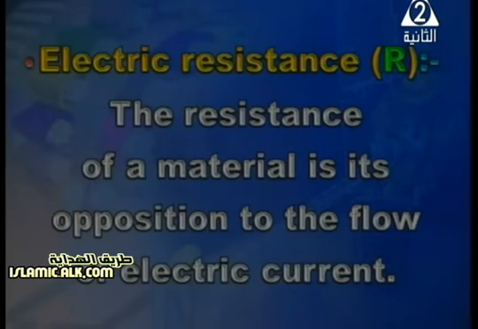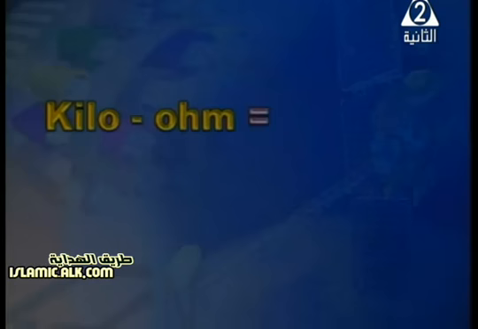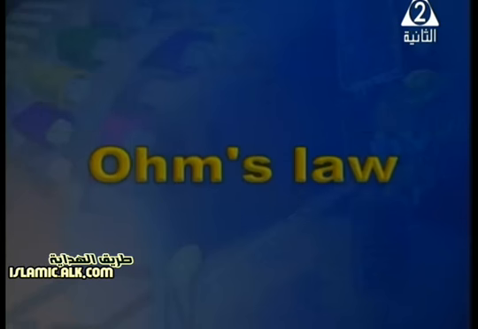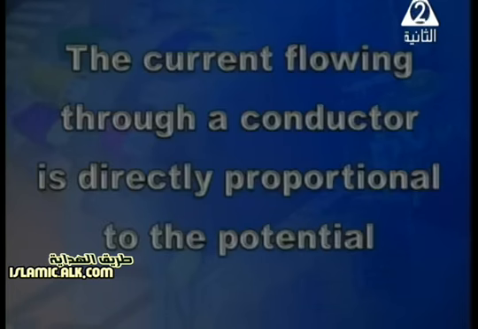And now, what about the statement of Ohm's law? It states that the current flowing through a conductor is directly proportional to the potential difference across its ends, provided the temperature is constant, unchanged.